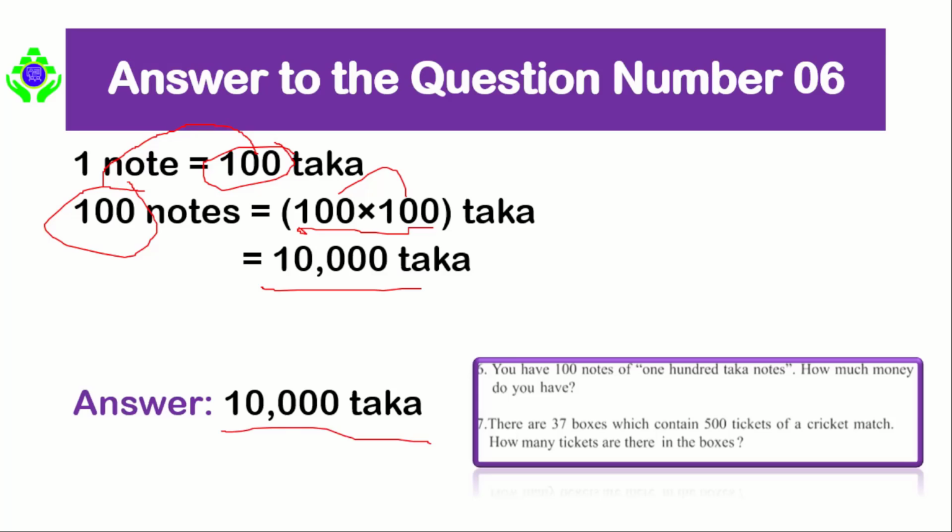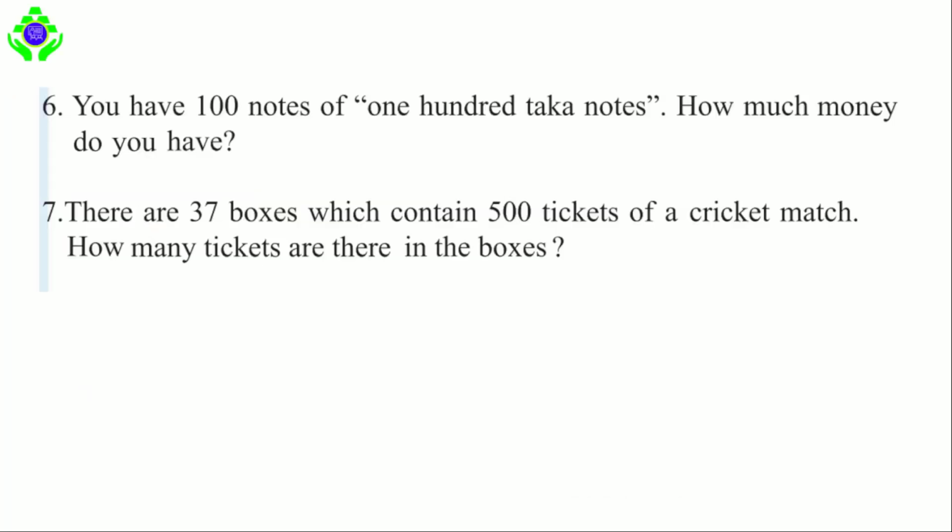If I jump to the next question, it's question number 7. Before going to the answer, I want to read the question first. Question number 7 is: there are 37 boxes which contain 500 tickets of a cricket match each. How many tickets are there in the boxes? It's mentioned that in one box there are 500 tickets.